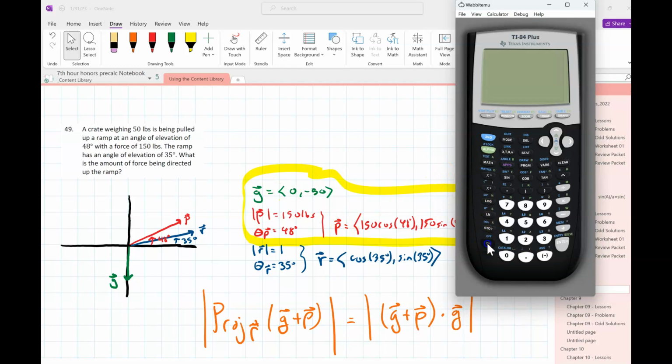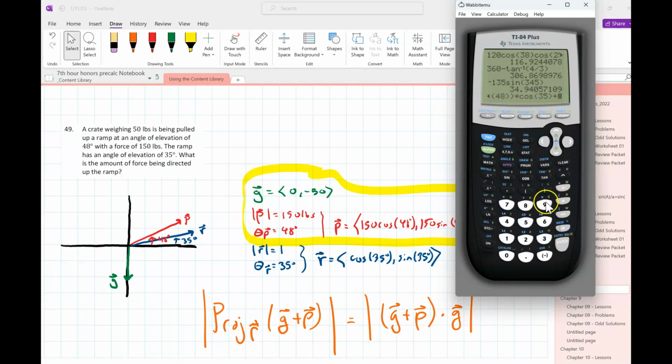So it's going to be just 0 plus 150 cosine 48, I'll put that in a parenthesis, and then times cosine 35. Oops, 35.